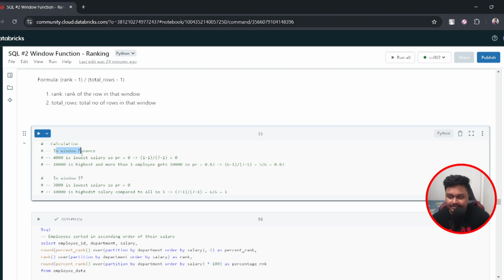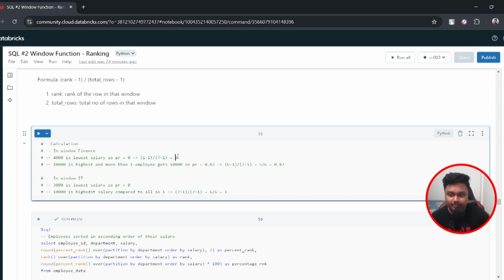Let's suppose we are in this window, that is finance, and the salary is 4,000 and it is supposed to be lowest among all. Then the rank of this particular salary is 1. So according to our formula, 1 minus 1 divided by, and let's say there are total rows equal to 7, then (1 minus 1) divided by (7 minus 1), so it will obviously give us 0. That's why the percent rank came as 0.